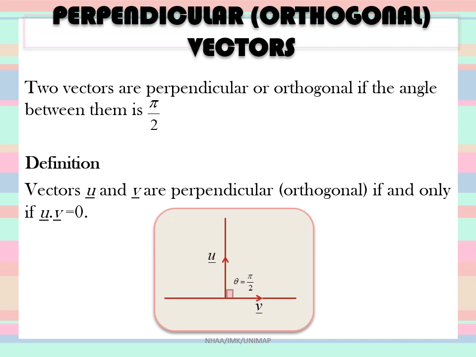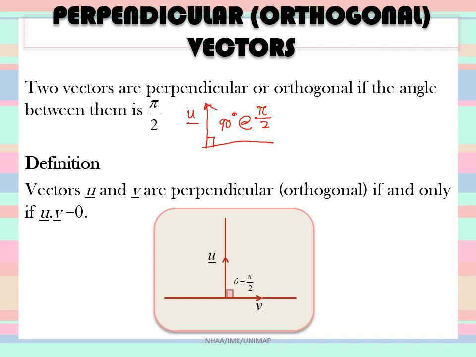You can call it perpendicular or you can call it orthogonal, so make sure that you keep these two words in your mind. Perpendicular and orthogonal mean the two vectors create 90 degrees. So the angle between vector u and vector v is 90 degrees, or pi over 2.